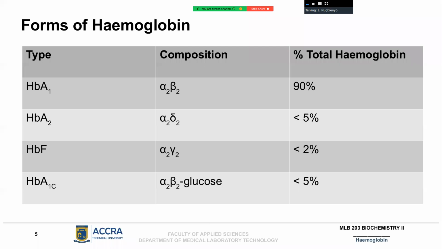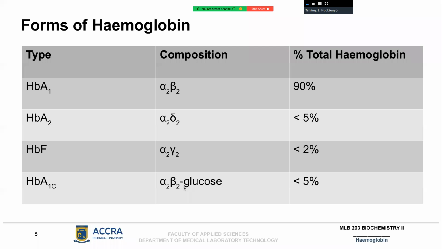We have hemoglobin that is bound to some amount of glucose in the body, such that in the conditions of diabetes, you have this glycosylated hemoglobin increasing in elevated amounts.